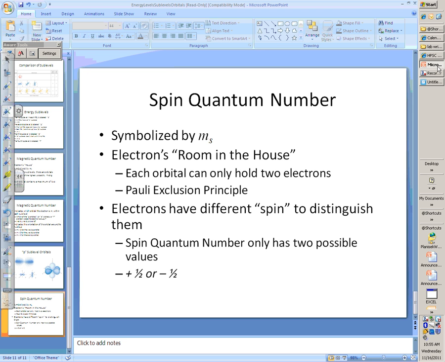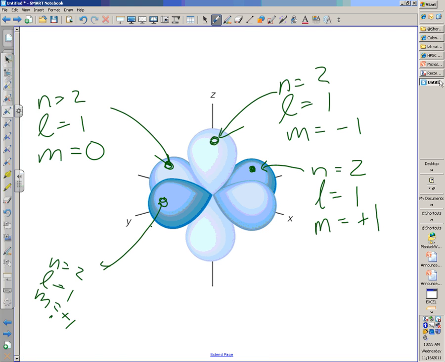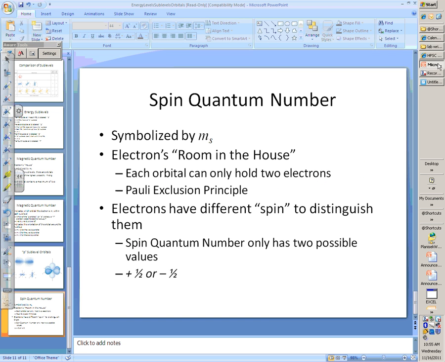Because each orbital can only hold 2 electrons, the spin quantum number only has to have 2 values. If we go back here, these are the only 2 electrons that can exist in that orbital, so we only have to distinguish this one from this one. So the S value only has 2 possible values. We call it plus 1/2 or minus 1/2. That's the only possibility.